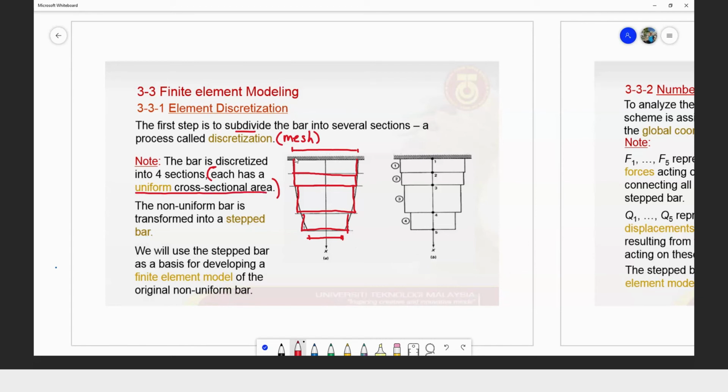So daripada non-uniform bar, kita pecahkan dia kepada 4 elemen in this example, and each of these small element must have uniform cross-sectional area. So macam mana kita nak buat tu? Kan?